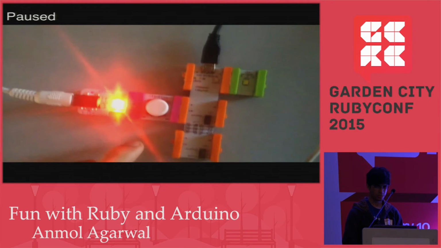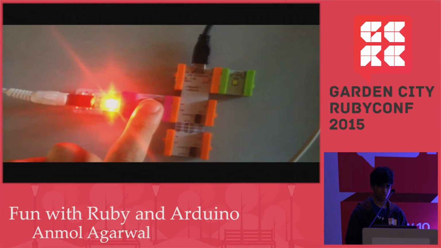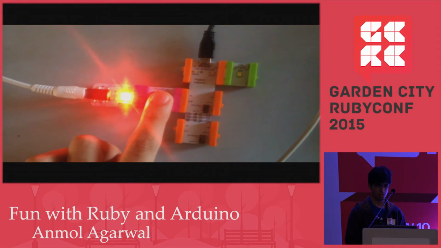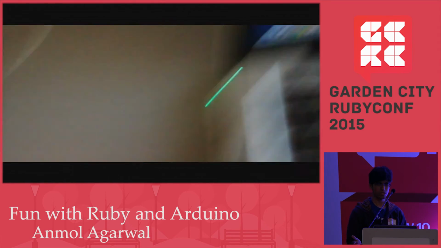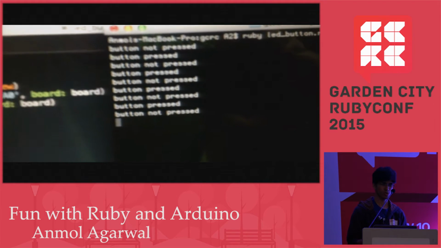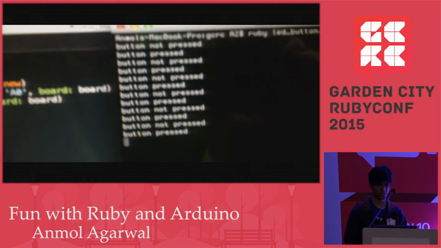Pink color is usually the inputs, orange is something connecting its wire or Arduino, and green color is the outputs. So I'm pressing the button and the LED is turning on and off. If we check the terminal, we can see, yeah, it's running through code, although this could run without code, but in this instance, we are running it through code.